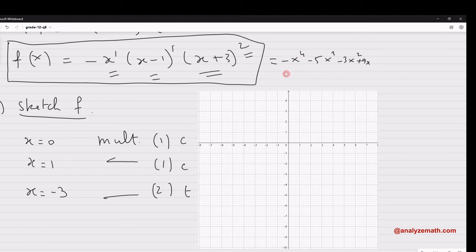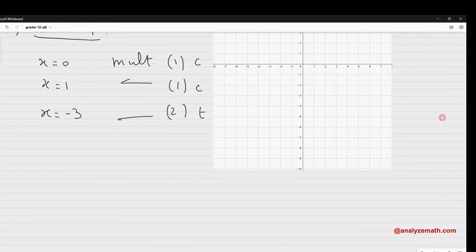Now remember the main term, the leading term in our polynomial is -x⁴. As you increase the x's in absolute value, this term will dominate. All the others are smaller. So we're going to think in terms of -x⁴.